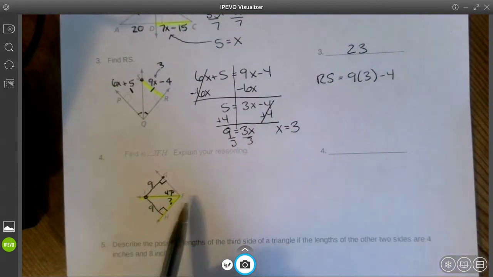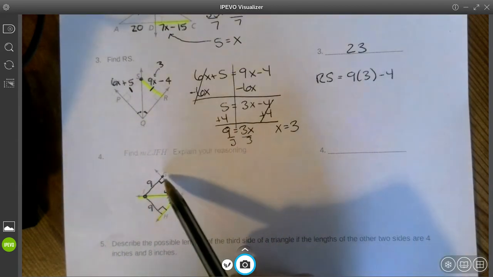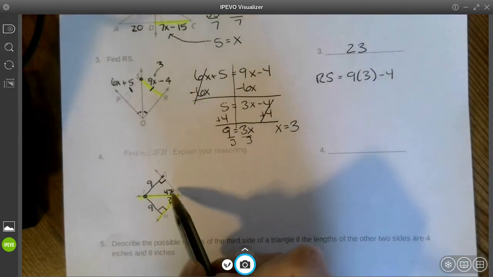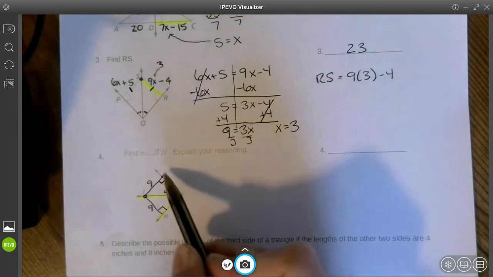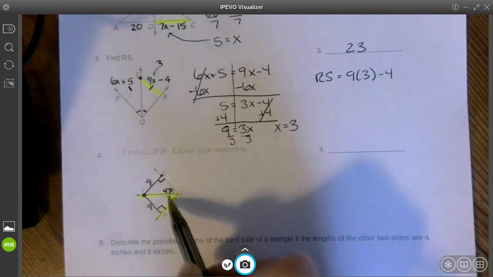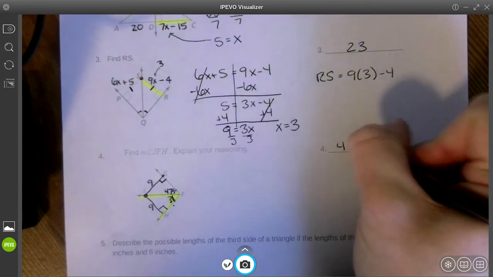So we know ray FJ has to be the angle bisector, meaning it cuts angle GFH into two congruent angles. So if this angle GFJ is 47, I know angle JFH also has to be 47 degrees because they are congruent.